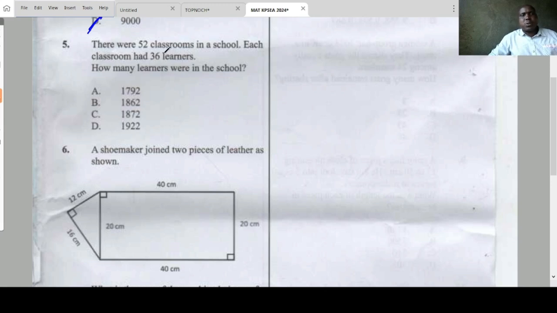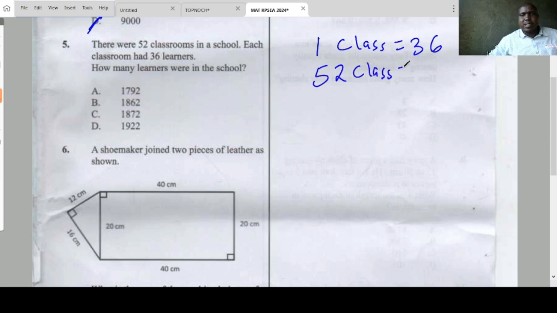There were 52 classrooms in a school. Each classroom had 36 learners. How many learners were in the school? So if one class has 36 learners, now we will find out how many learners 52 classes will contain.